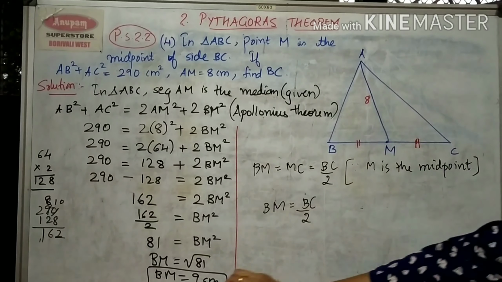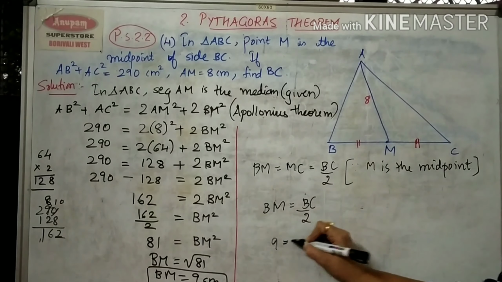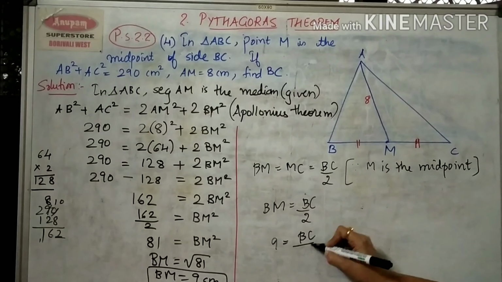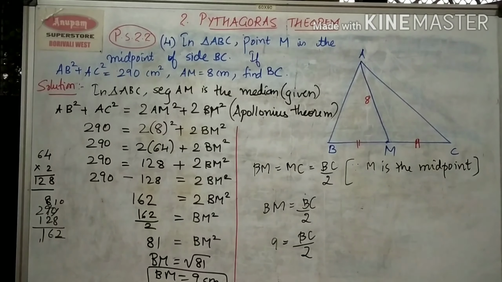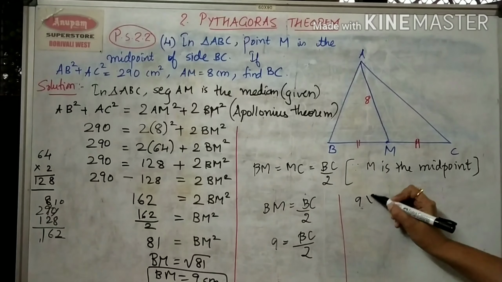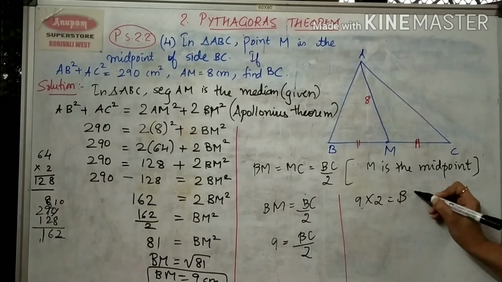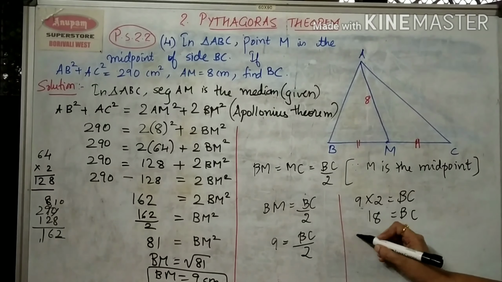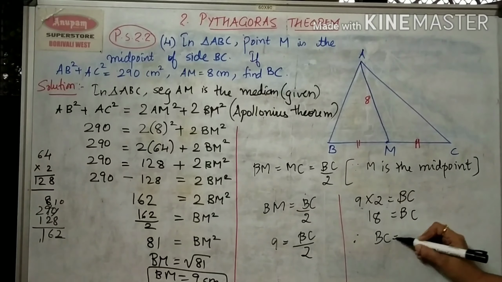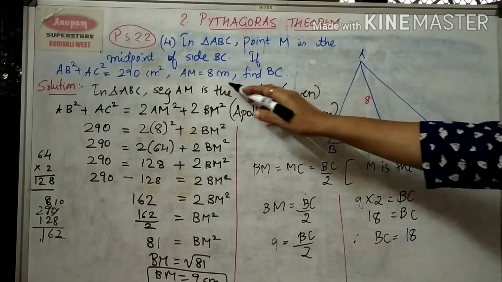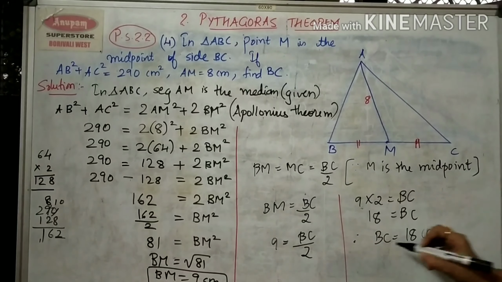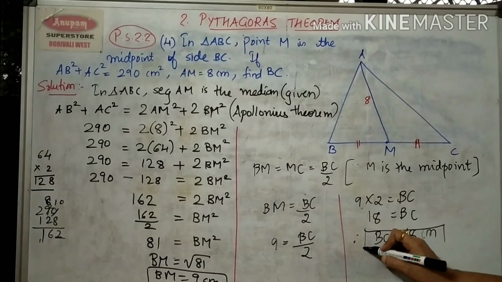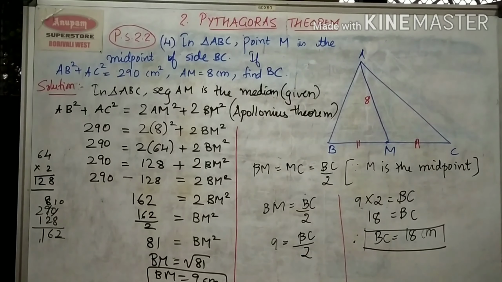What is BM? 9. So 9 is equal to BC upon 2. This 2 comes here, so 9 into 2 is equal to BC. 9 2s are 18, therefore BC is equal to 18. But there is a unit given, centimeter. So we write BC is equal to 18 centimeter. This is your final answer.